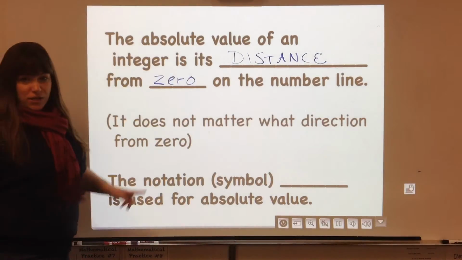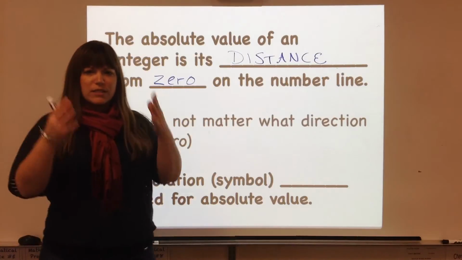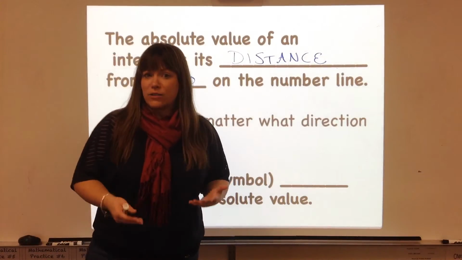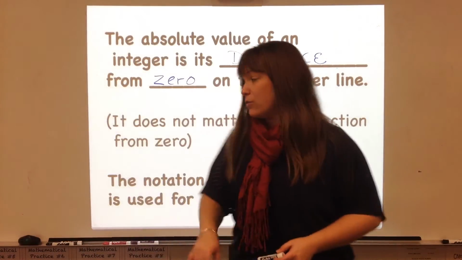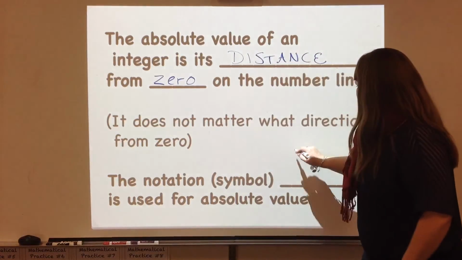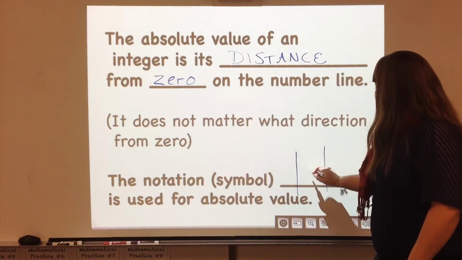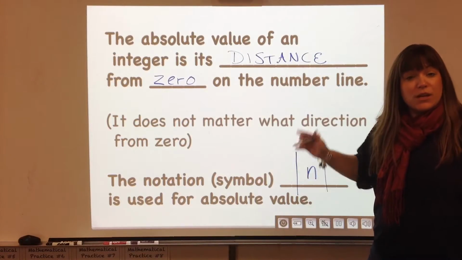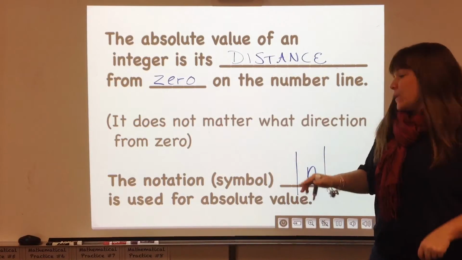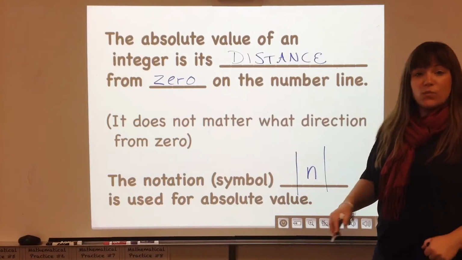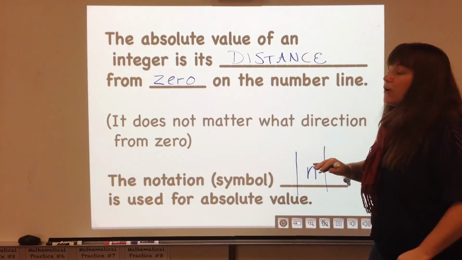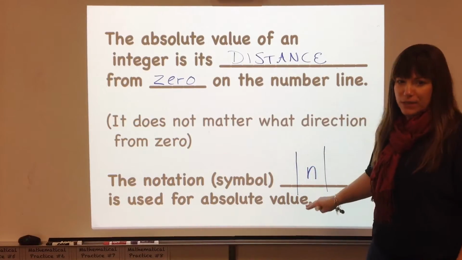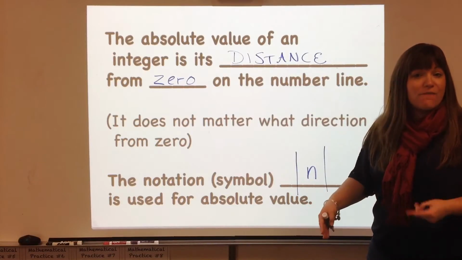The notation, that's what I mentioned before, or the symbol, or how do we know we're actually finding absolute value, is 2 lines on either side of whatever number you have. And I'm going to symbolize the number with this letter N. We can put a 5 in there, we could put 100 in there, we could put 1,000,000,000 in there and find the absolute value of that number.